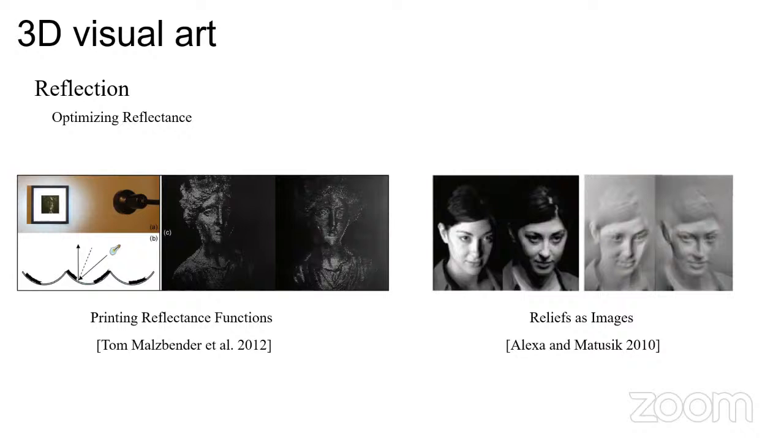The hiding image can be displayed only under a certain light source. There are methods to optimize a height field represented by a triangular mesh to achieve the goal, since the normal of each face can affect its brightness under the light source.